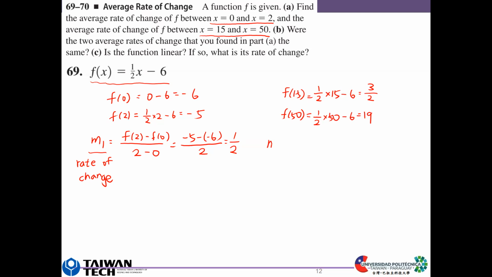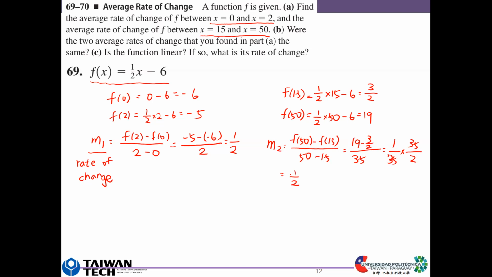So let's define the rate of change between x equals 15 and 50 as f of 50 minus f of 15, over 50 minus 15. That is 19 minus 3/2, over 35, which is 35 divided by 2, divided by 35, which is 1/2.